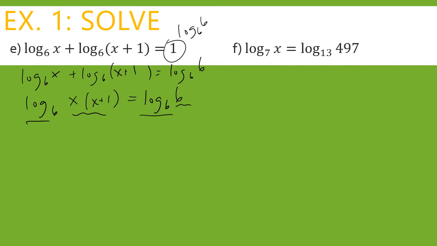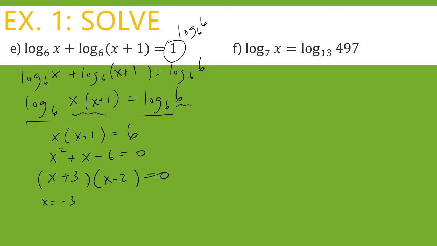X times x plus 1 has got to equal 6. Distribute, bring the 6 over, collect like terms. You'd have x squared plus x minus 6 equals 0. Simple trinomial to factor: x plus 3, x minus 2. That means x equals negative 3, x equals 2.